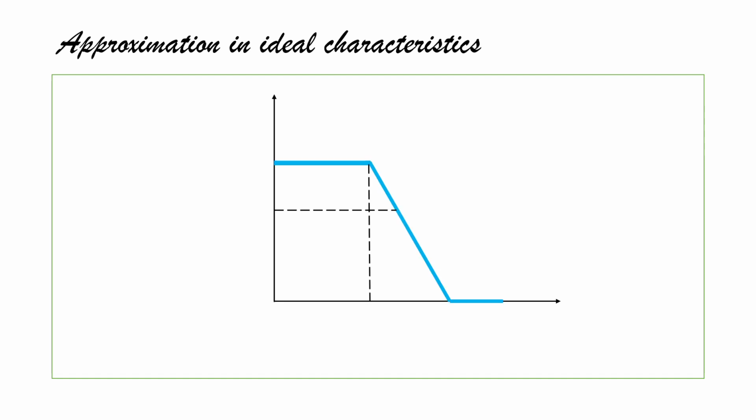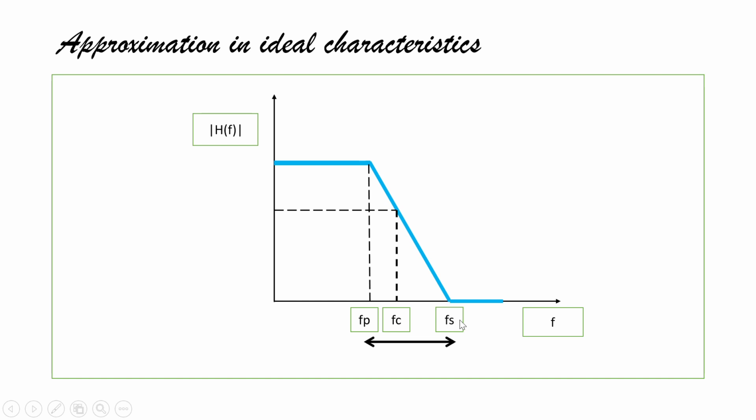Approximation in ideal characteristics. Here the y-axis represents |H(f)| and the x-axis is represented by F. This is the pass band frequency, this is the cutoff frequency, and this is the stop band frequency. And this distance delta F is the transition band frequency.